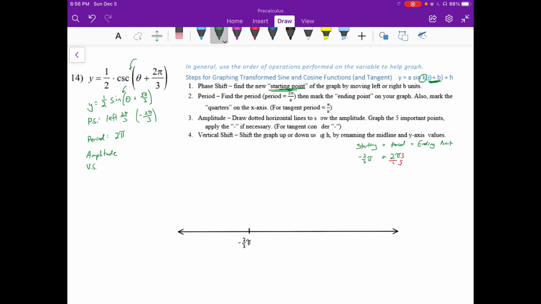So really this is negative 2/3 pi plus 6 pi over 3, which gives us our ending point. Well, 6 minus 2 is 4, so 4/3 pi. We're going to put 4/3 pi out here, our ending point, giving ourselves a decent amount of room.